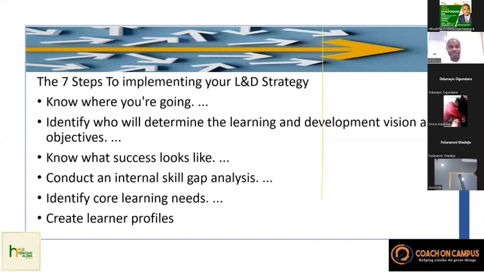If it's an intermediate with such skill, you should know. This analysis should give you that. Because what you give to an expert in a certain skill for training is not the same as what you give to intermediates or debutants, new entry people. Once you get the profiling correct, it helps you to define what the learning content and curriculum will look like.